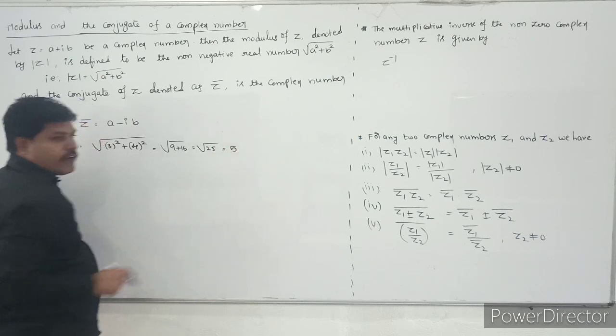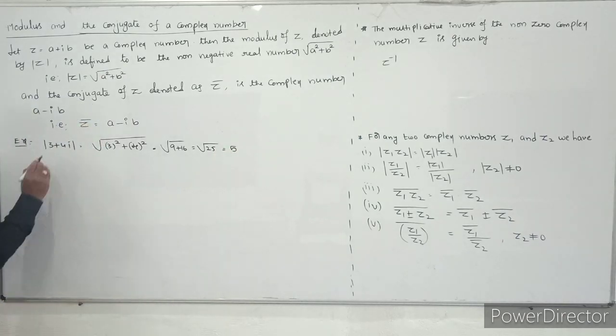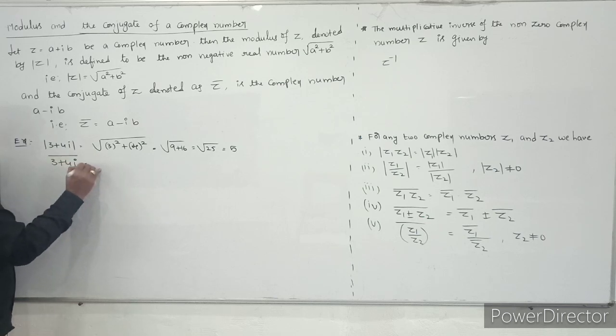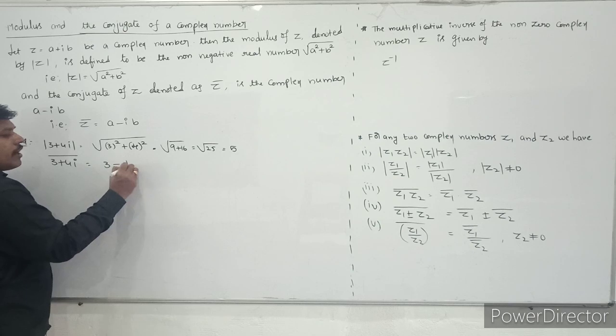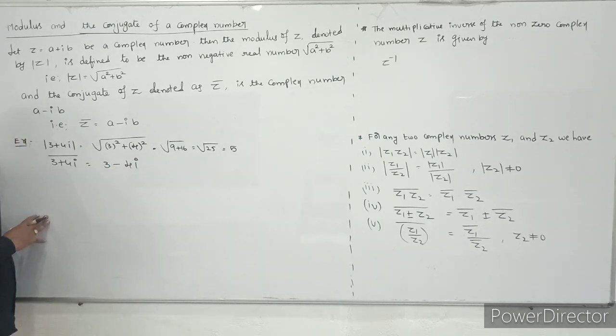The value is 5. Similarly, I take 3 plus 4i. What is the conjugate of this complex number? It will become 3 minus 4i. Similarly, you can take one more: mod of 3 minus 4i.